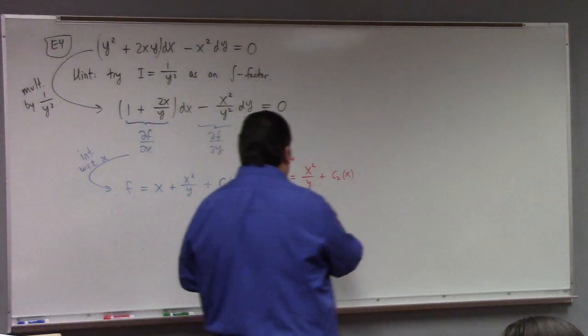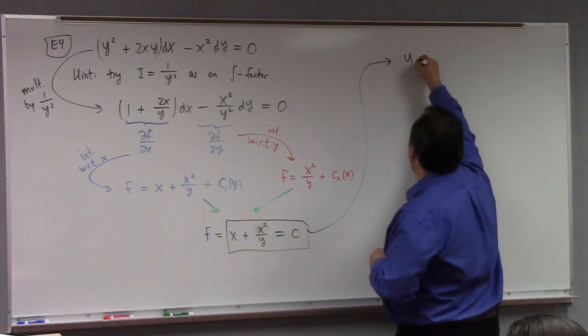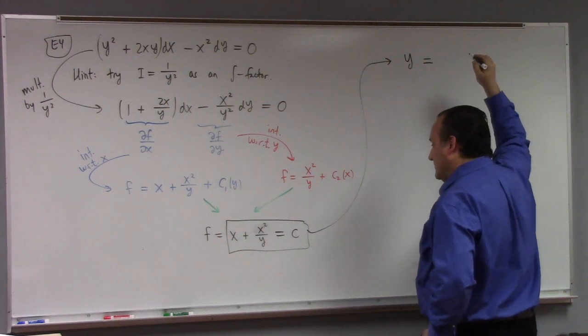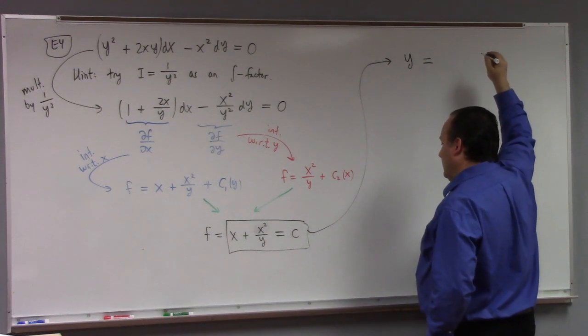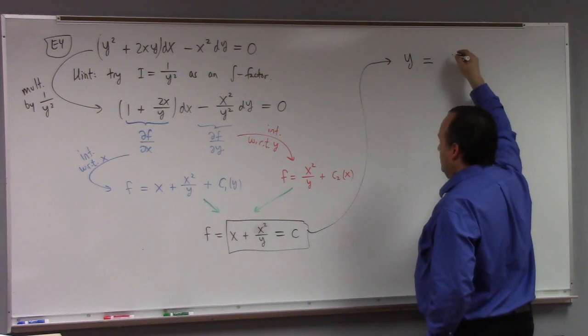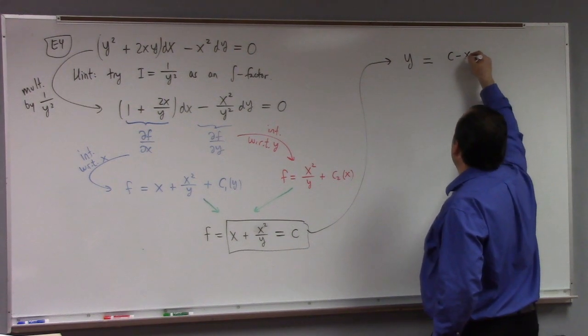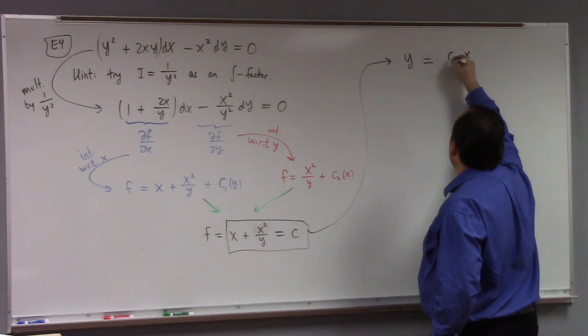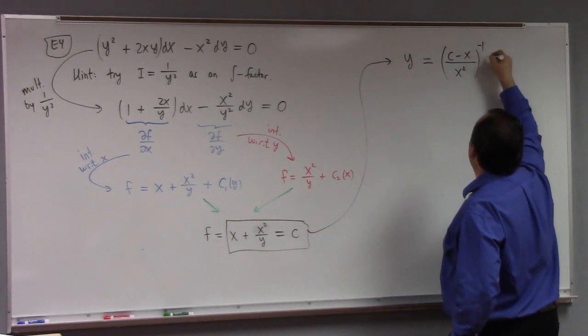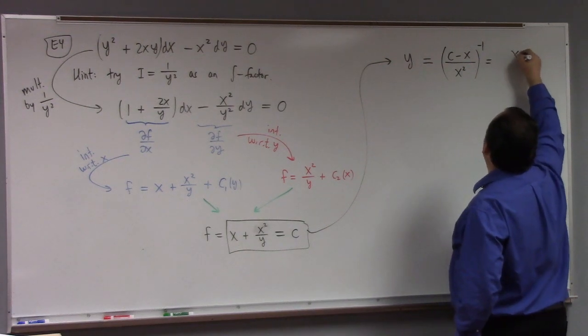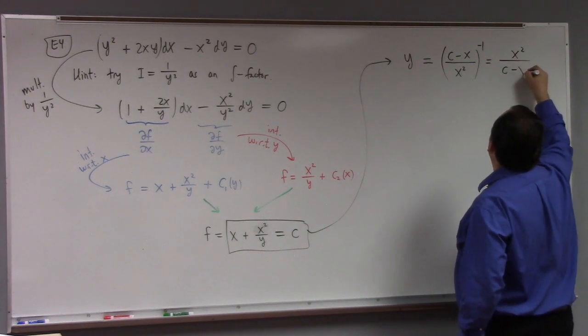What would it be? y equals what? You've got yourself c minus x, divided by x squared, all to the minus 1 power, also known as x squared over c minus x.